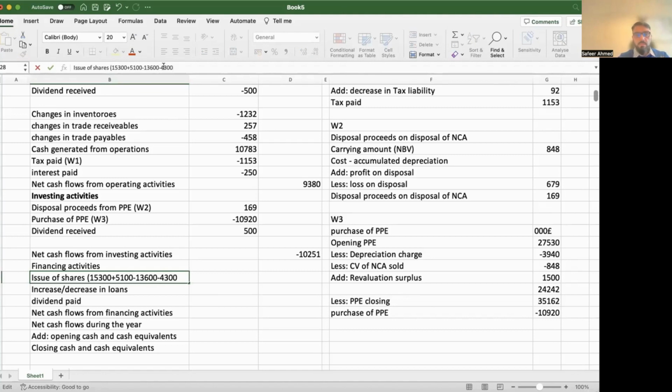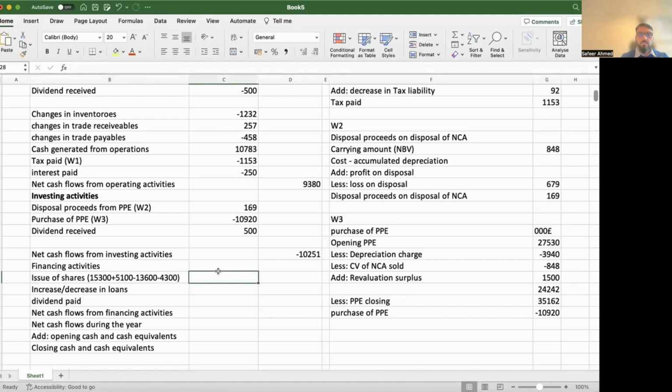And this will give you the value of issue of shares. So which is 5,300 plus 5,100 minus 13,600 and minus 4,300, which is 2,500. So it will be a positive cash flow because the company has issued shares during the year and they received money from people, from customers.